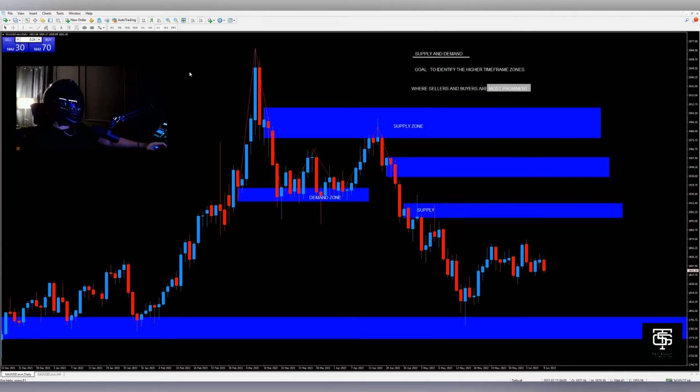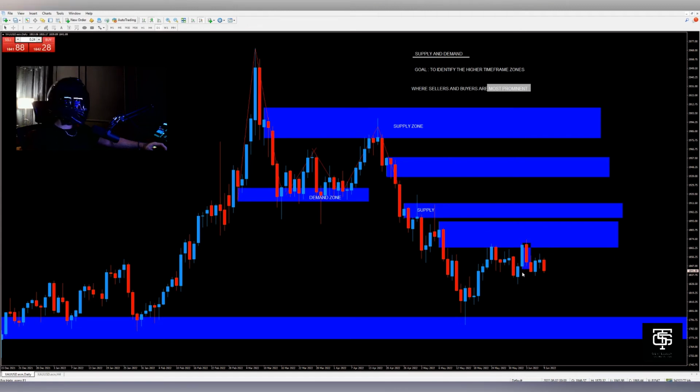So the next supply zone that we have is this engulfing sell. Make it a zone like this. Next, what do you see? Price came into the zone to retest. Price came back into the zone again to do a retest.